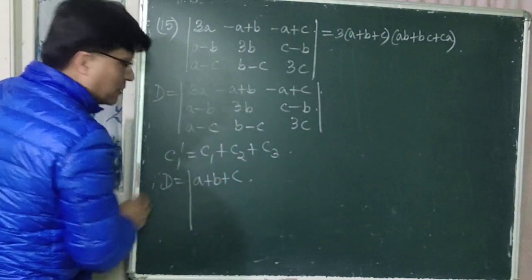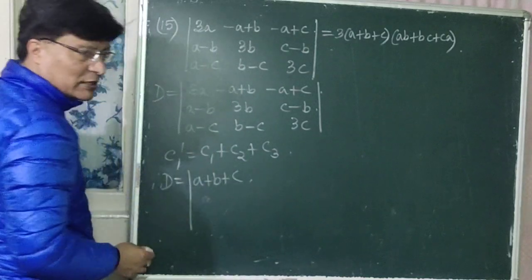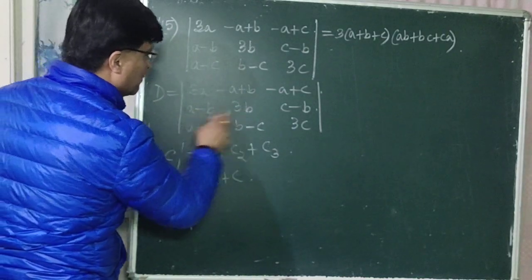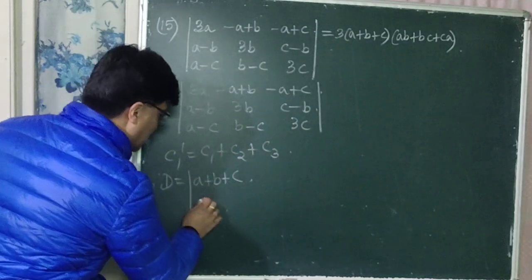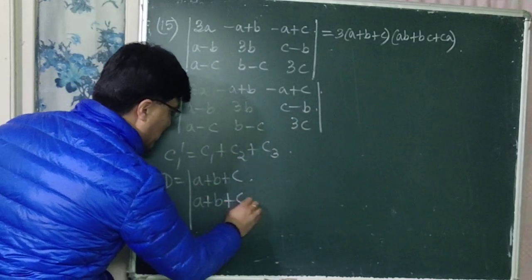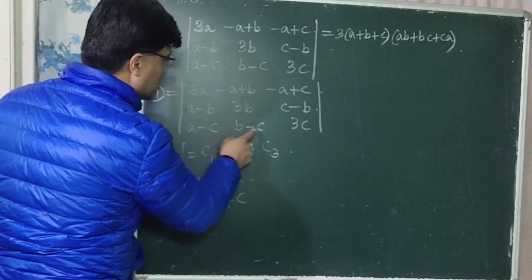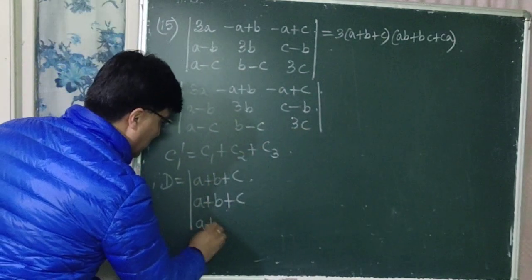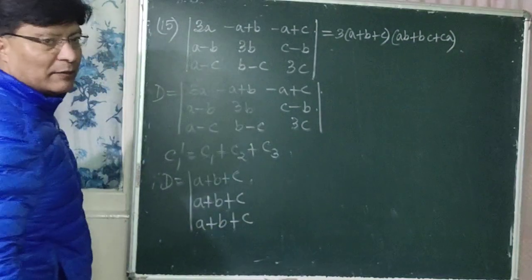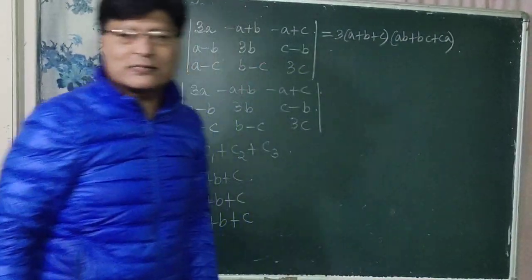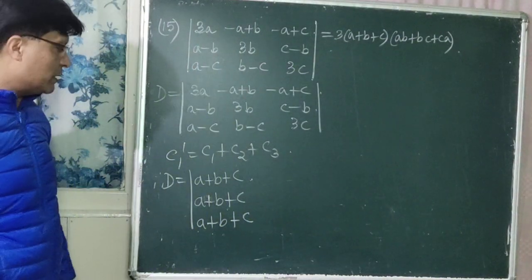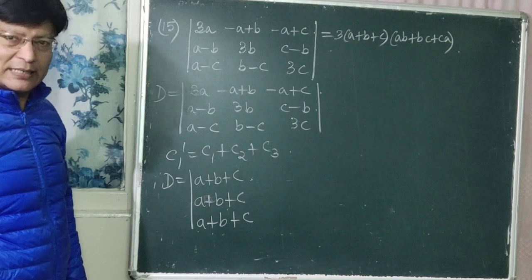What is the second element in the first column? That is column 1 is changing here. A plus 3B minus B plus B plus C. This is also A plus B plus C, right? And what is the last one? A plus B minus 2C plus 3C. This is also A plus B plus C. That means we are getting one of the factors as what? A plus B plus C. Is it clear?